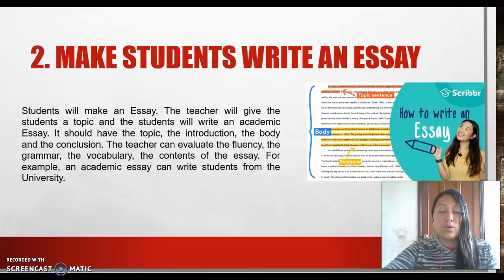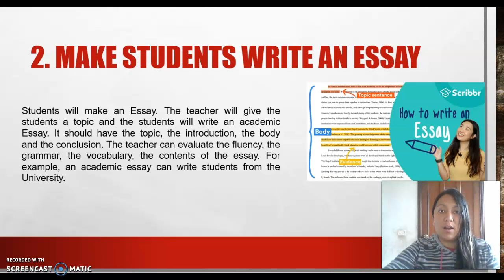But people or students from the university, they have all the information and they can do it. So we, as teachers, can evaluate this writing of our students.